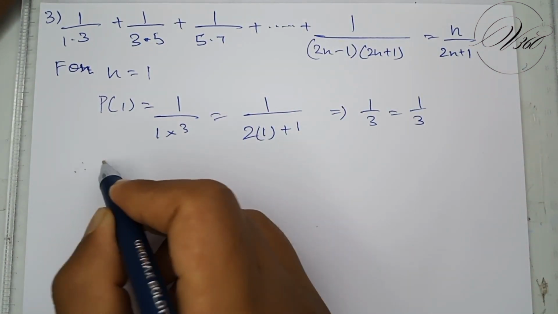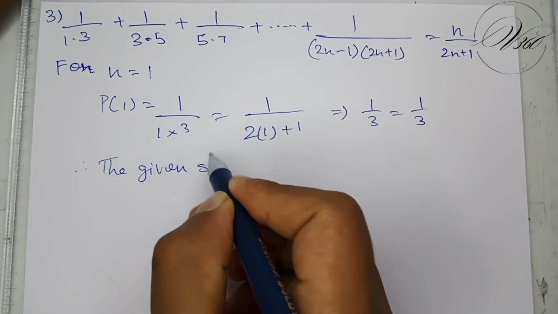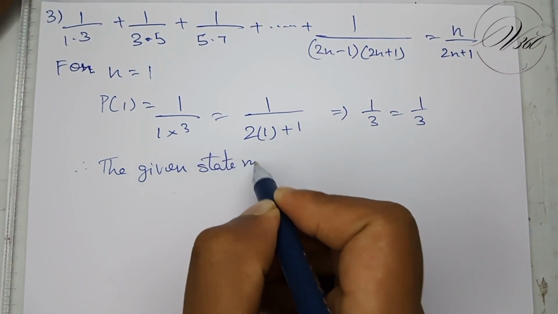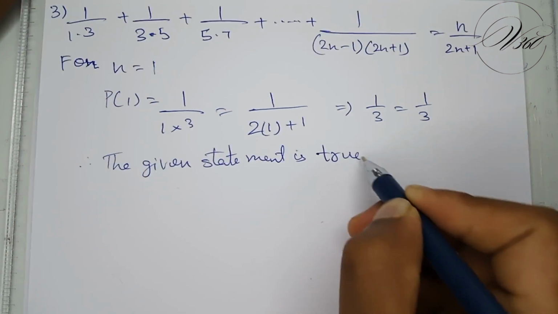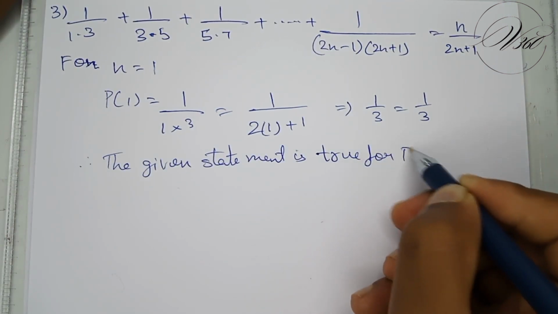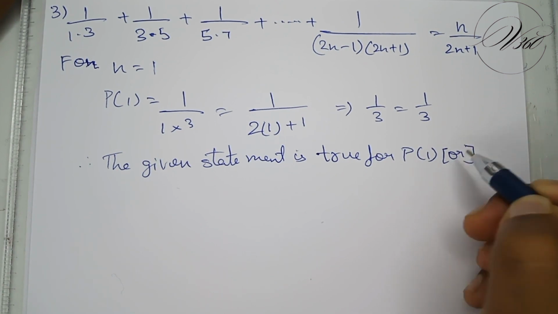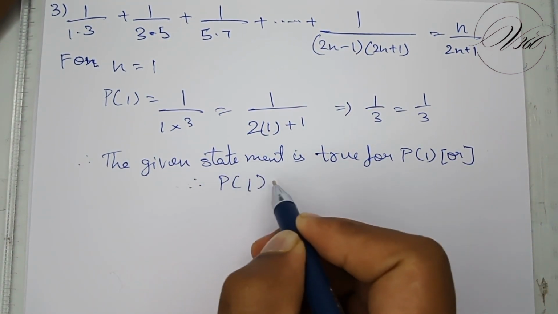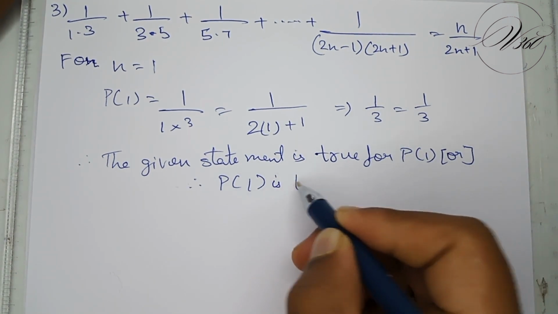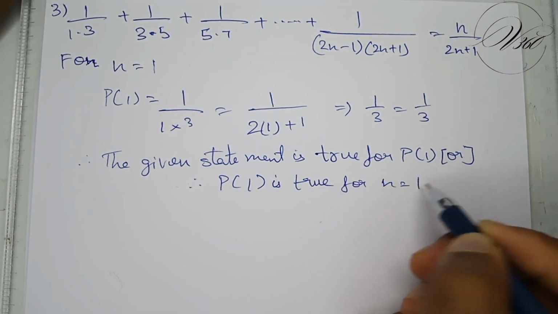Hence we can tell the given statement is true for P(1). Therefore P(1) is true for n equals 1.